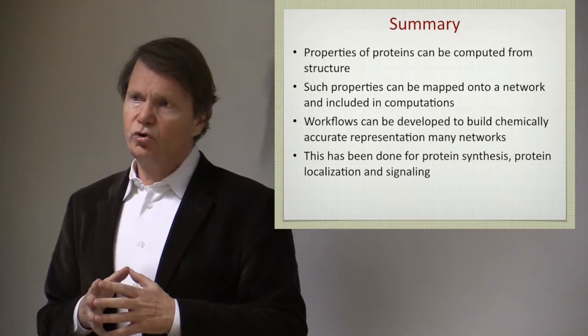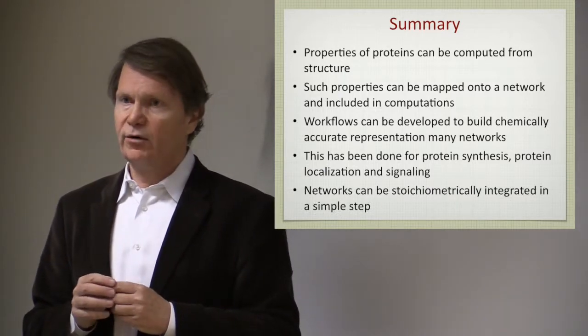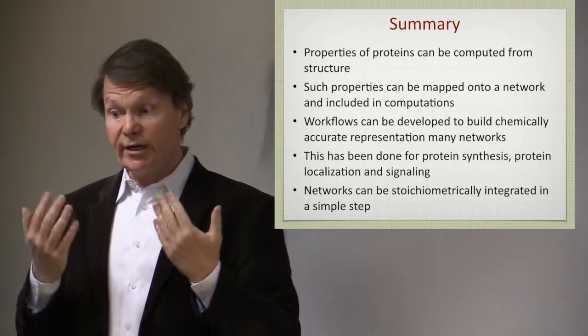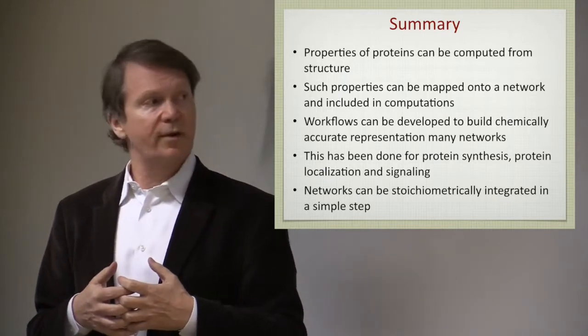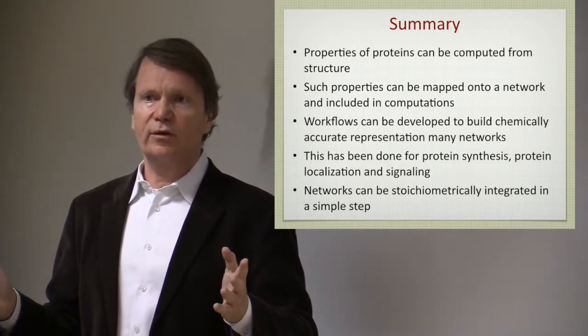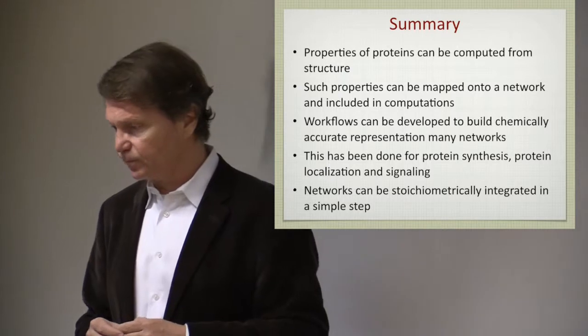And if you choose to reconstruct these networks in terms of the detailed biochemistry, where you can get a stoichiometric representation, you can integrate them in one step. That's the power of the stoichiometric representation: you can integrate multiple networks so easily. So it's an extraordinarily scalable formalism.